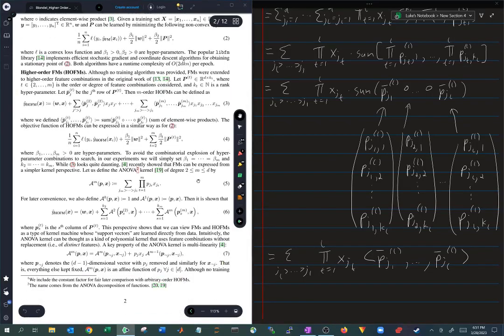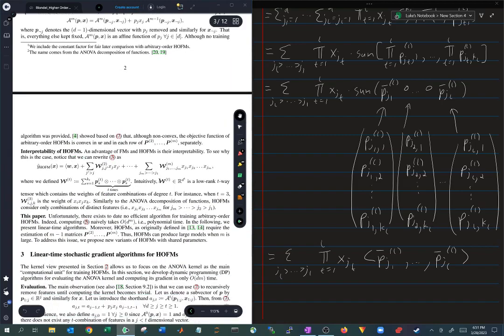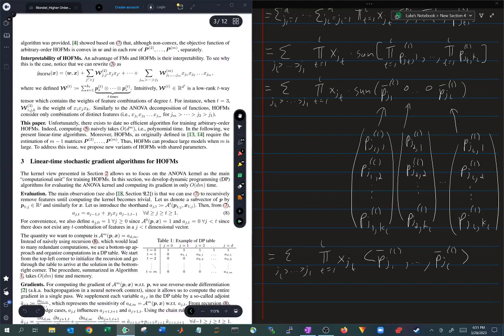What we're going to do eventually is prove that even in this case, let's just jump ahead and spoil what we're doing. We're going to prove that we can evaluate this model in d times m time, which, similar to the previous paper, this was n times k.